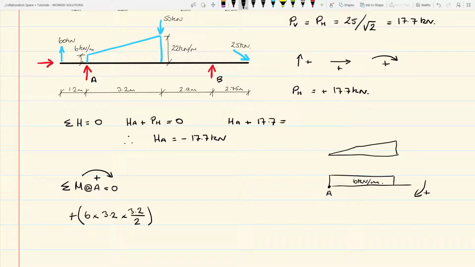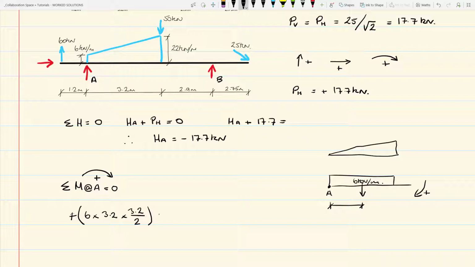And you should know by now that the lever arm for a uniformly distributed load is taken from the centroid of the load. That's where the resultant action acts, and the lever arm is that distance from the point we're taking moments about to the centroid of the load. So that takes care of the uniformly distributed part of the load.